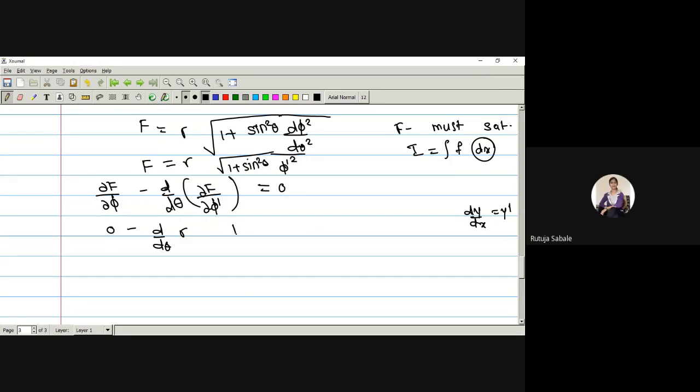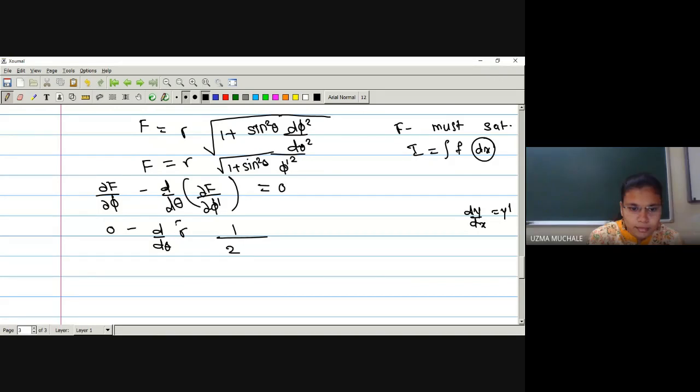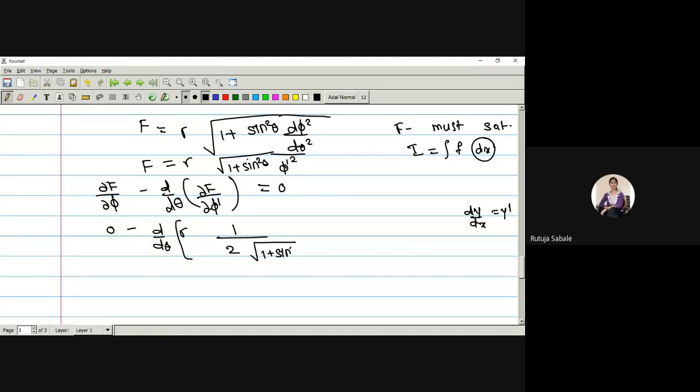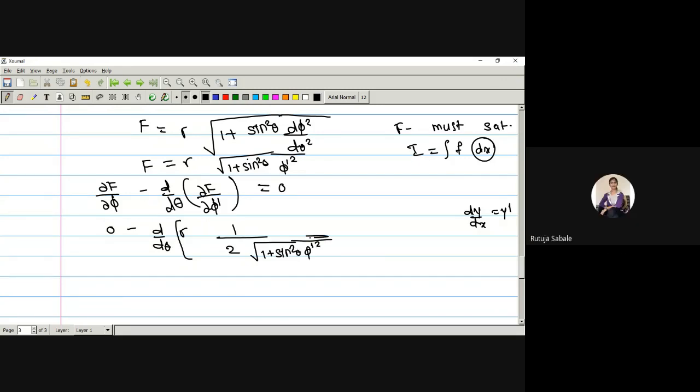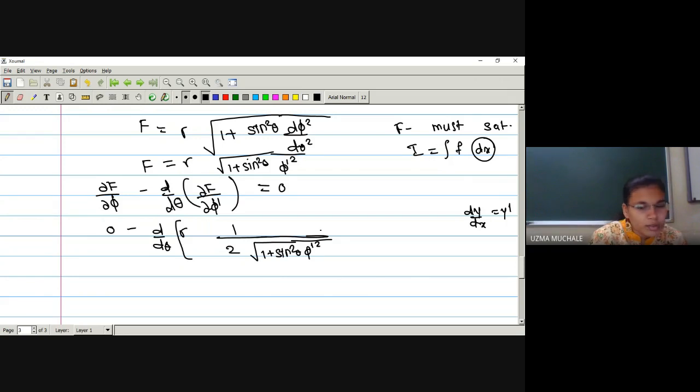1 upon 2 under root 1 plus sine square theta phi dash square, into 2 phi dash. Again you are making the same mistake. We have to find the derivative of the whole term. Whatever is inside the under root, we take its derivative. What is the derivative of under root of f?